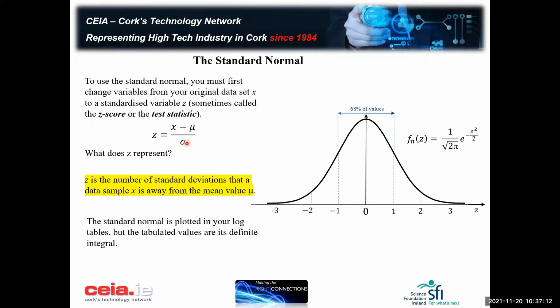And because you divide it by sigma, it represents the number of standard deviations that the value x is away from the mean value mu. So you should try to understand that interpretation of what z is and how it relates to x, your test variable.